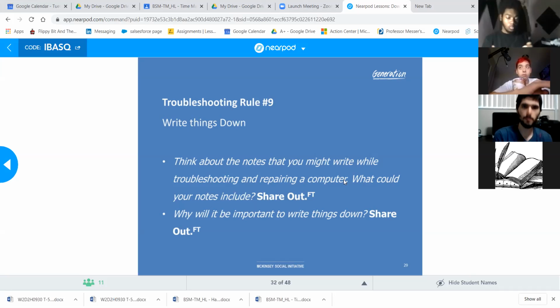Maybe a diagram of whatever you think the issue is, if it applies. And maybe there's a software issue, and maybe there's page numbers where it's a user error, and maybe there's an instruction manual that you could write down in your notes, where those numbers are for those user manuals, so that the user can obviously do it correctly. Because maybe, as we said, it may be a user error. They're expecting the software to have something available for them, but in that moment in time, that option or that button is not there.